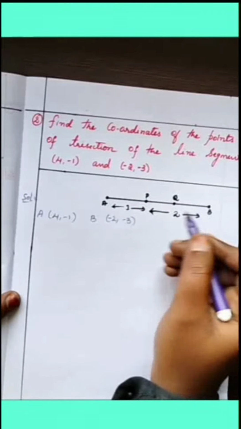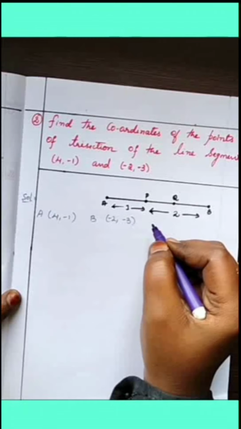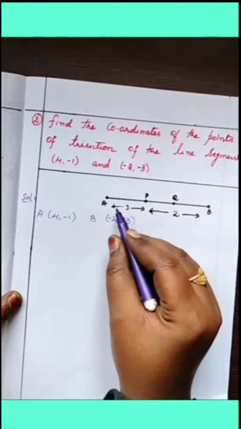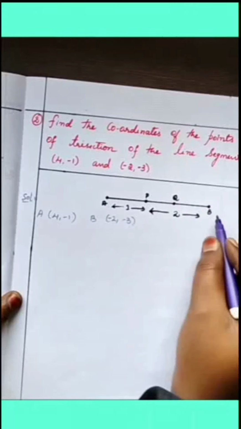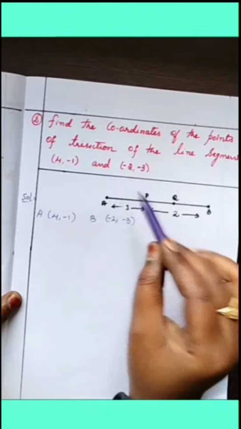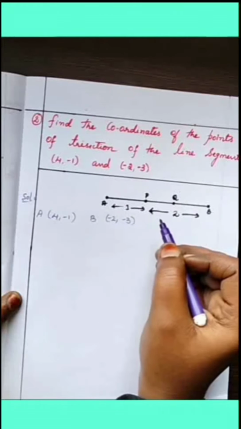Okay. The line AB divide. Here A is the point (4, -1), B is the point (-2, -3). Okay. Here the points of trisection of the line segment. Write down one sentence there.